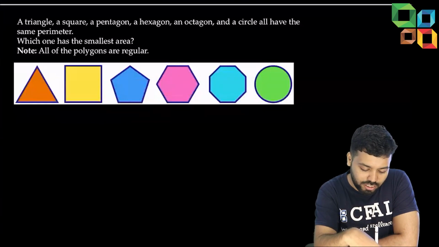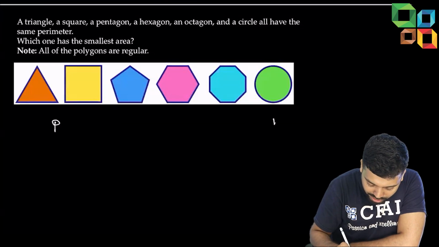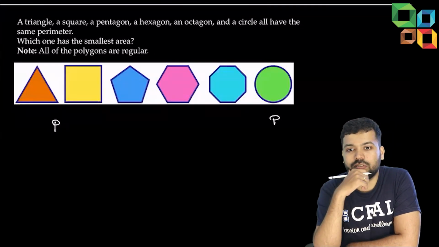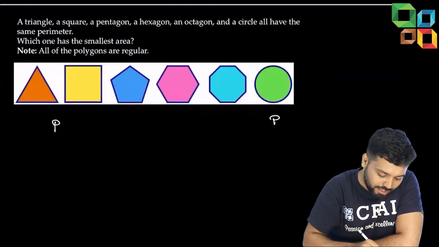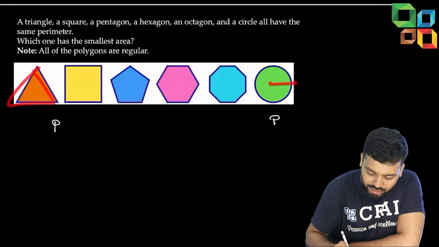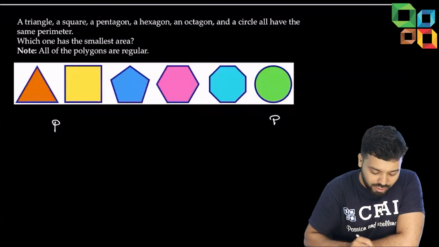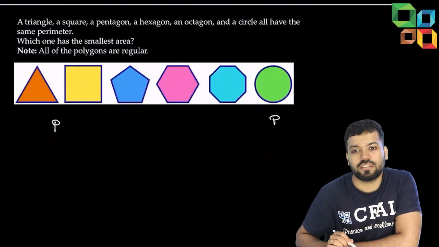Take P as the perimeter for the triangle and P as the perimeter for the circle, and try to get the side length in the case of the triangle and the radius in the case of the circle, and check the area for the triangle and the area for the circle.